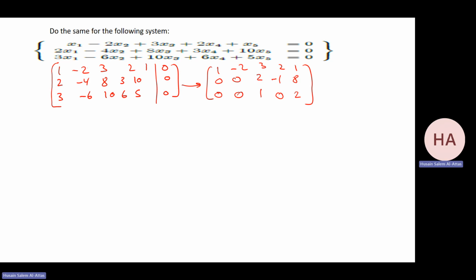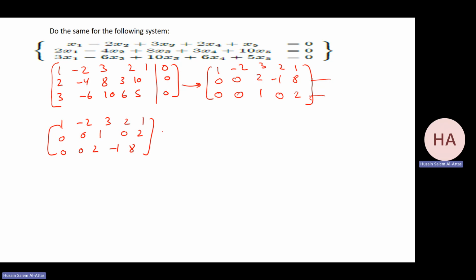Okay. So to make it easier, I can interchange this row with this row. So I have 1 in this one. So I have 1, minus 2, 3, 2, 1, 0. 0, 0, 1, 0, 2. Then 0, 0, 2, minus 1, and 8.